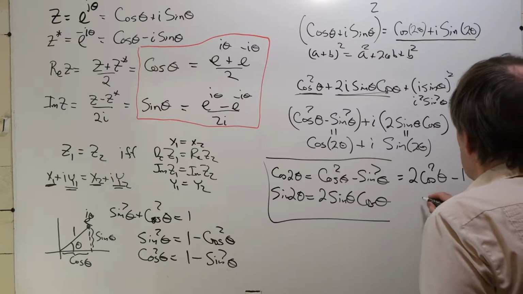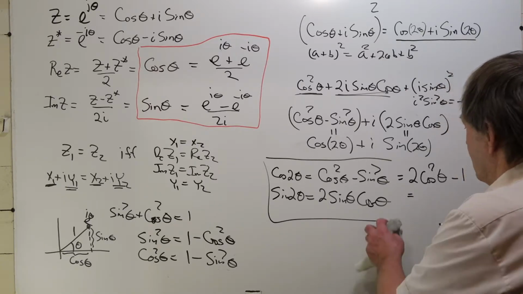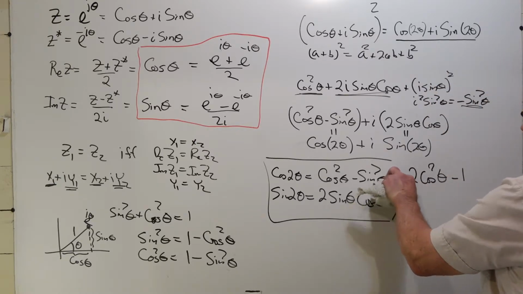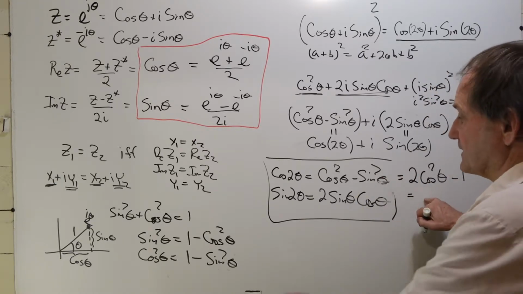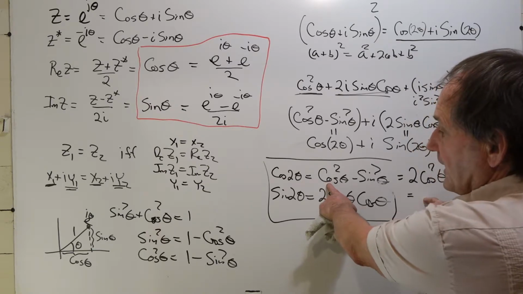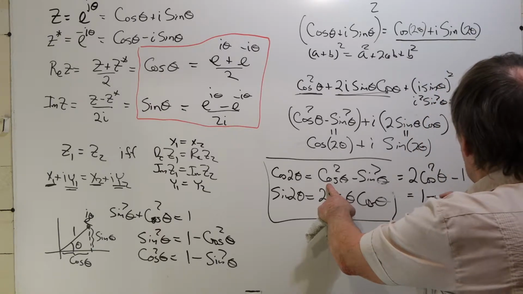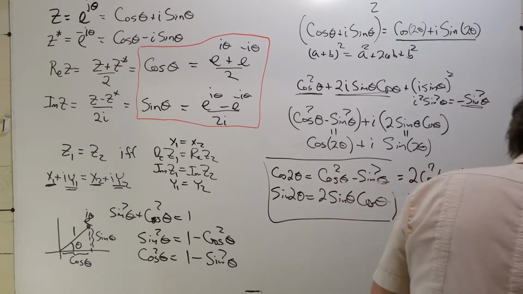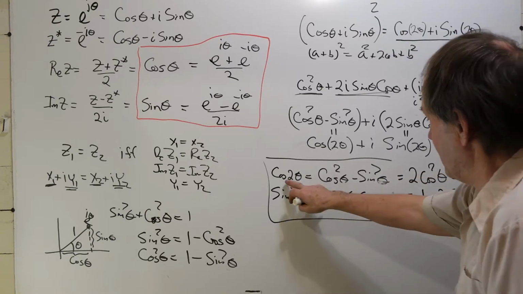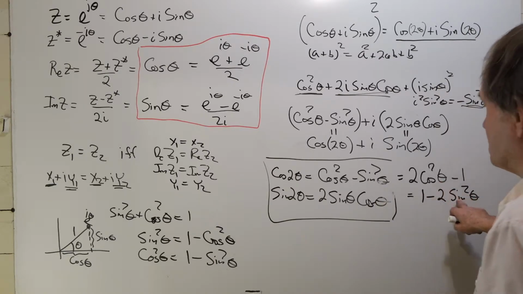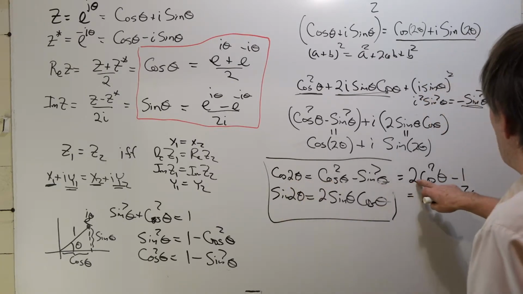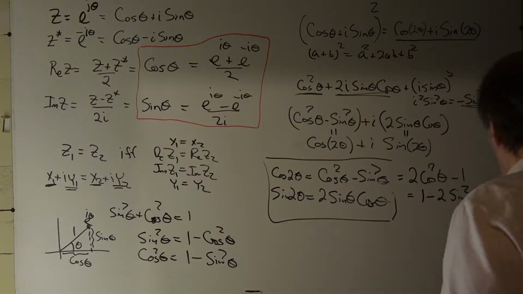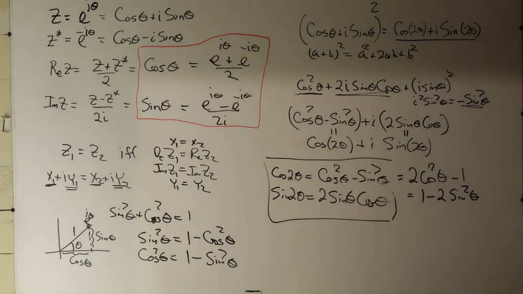So this can also be written, let's just separate that out. So this is then, putting in for cosine squared, we have 1 minus twice sine squared theta. So now we have the double angles in terms of either sines or cosines. The cosine of 2 theta in terms of just cosine theta, sine 2 theta in terms of just sine theta.